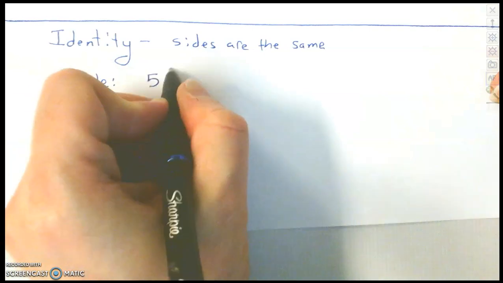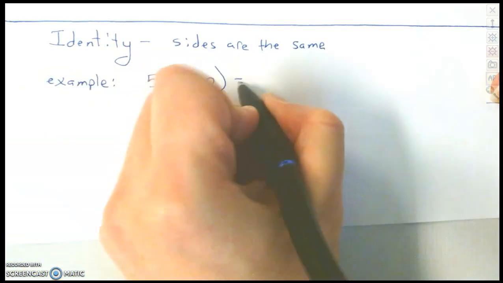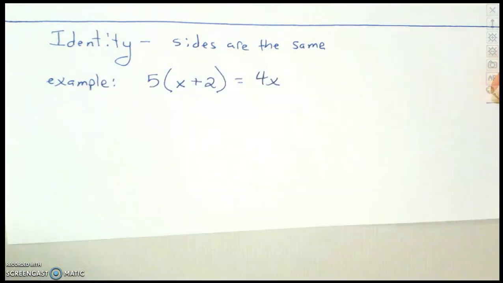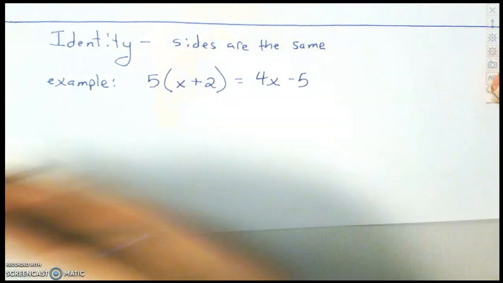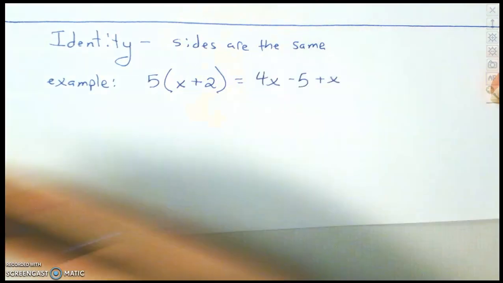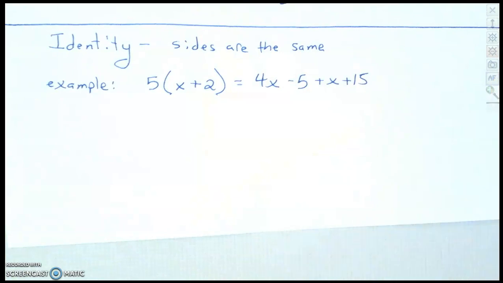How about we have 5 times x plus 2 in parentheses equals 4x minus 5 plus x plus 15. So right now, we're going to try to work on solving this out.